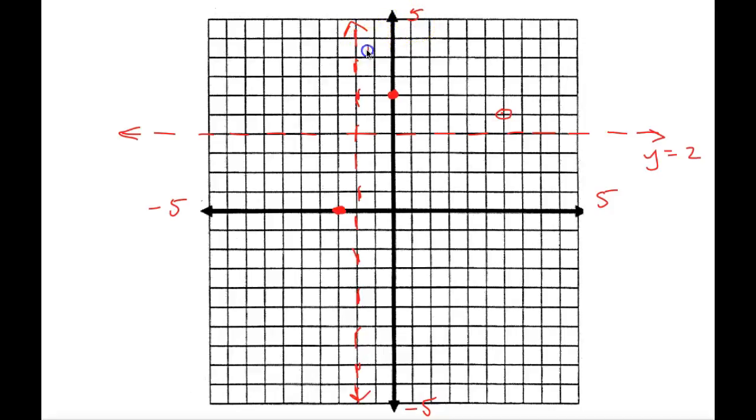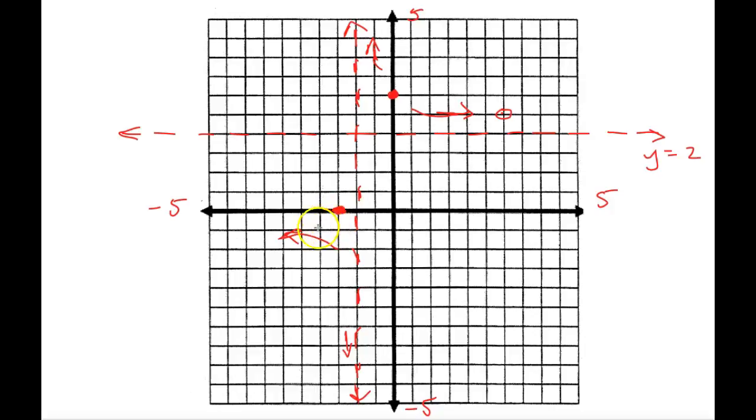So we know that over here it's going to start like this and eventually swoop this way. And then on this side, this starts down like this and eventually swoops this way, knowing that we have to go through that x-intercept right there.